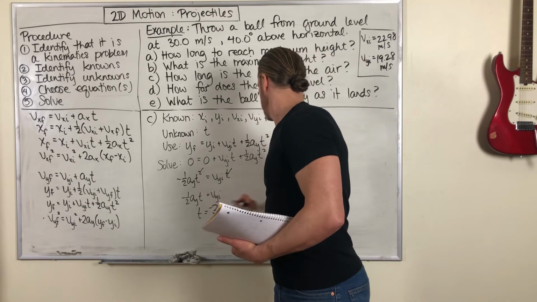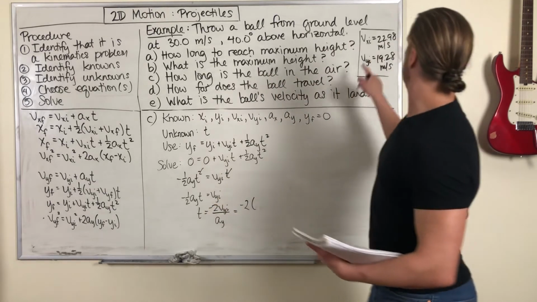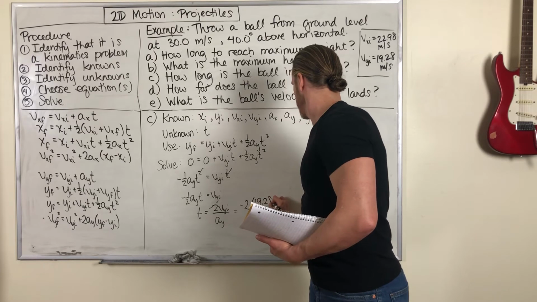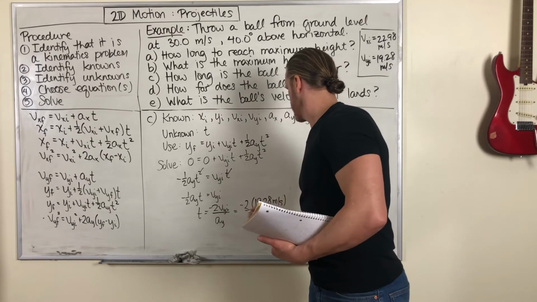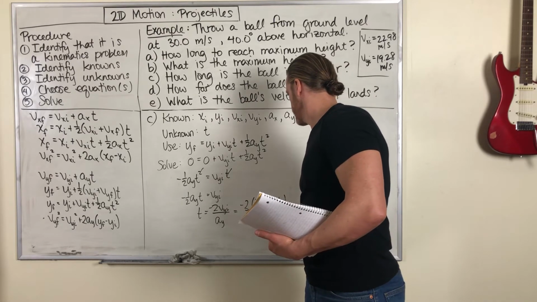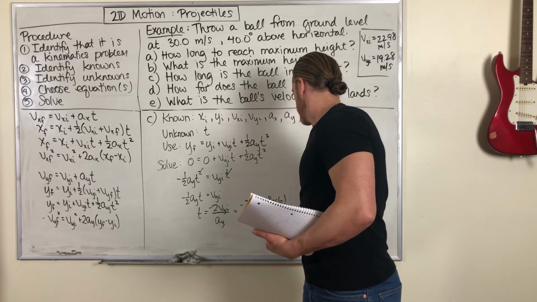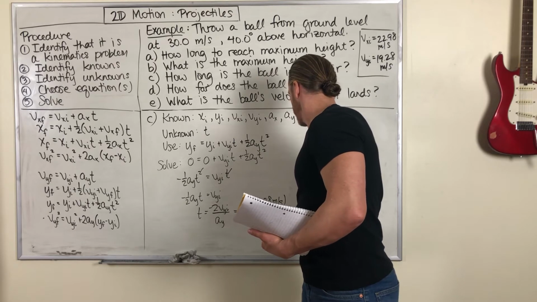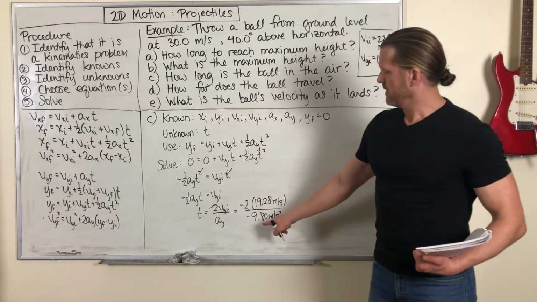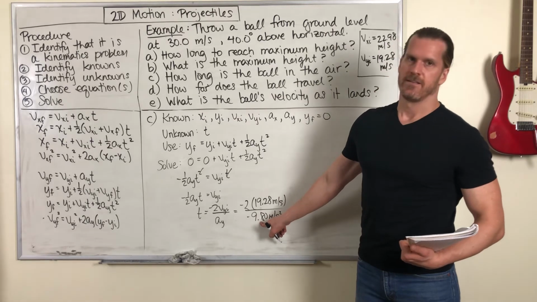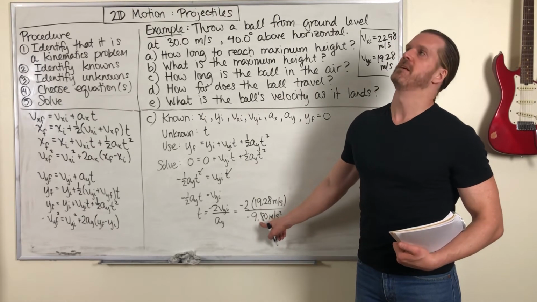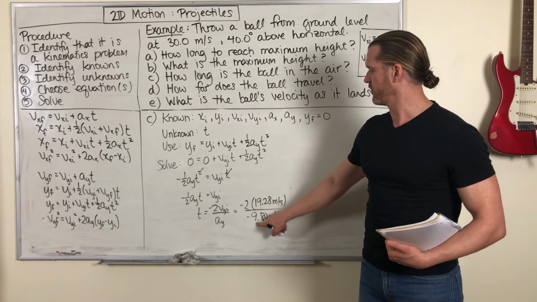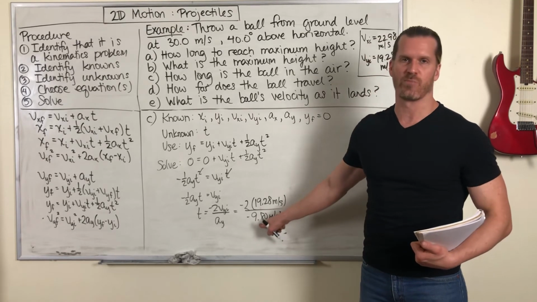So Vy initial, 19.28 meters per second, keeping that extra digit for accuracy. And that ay is negative 9.8 meters per second squared. You can assume this number has more precision than I wrote.